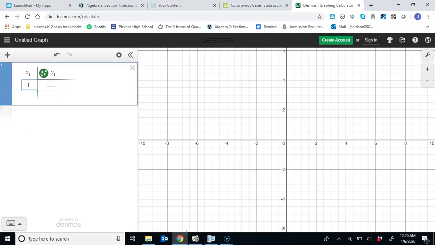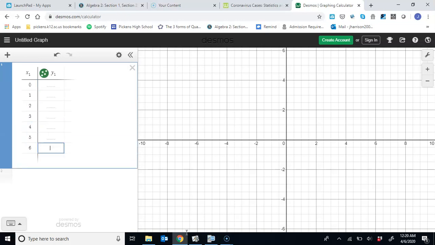And then I'm going to type in my values for x. 0, after 1 game, after 2, after 3, after 4, after 5, after 6. And then we started off, like I said, with 64 teams. Again, we're excluding the play-in games. 32. And then we have 16, 8, 4, 2, and 1.